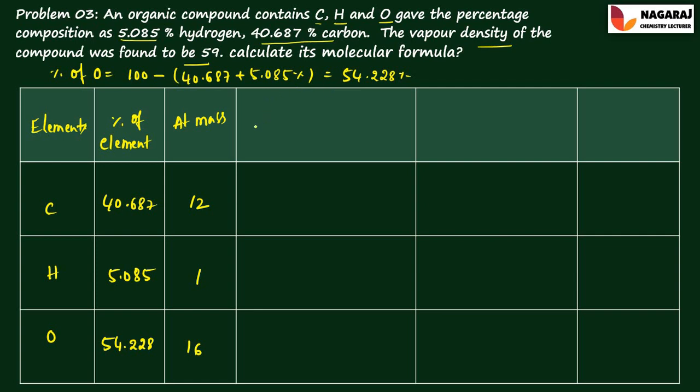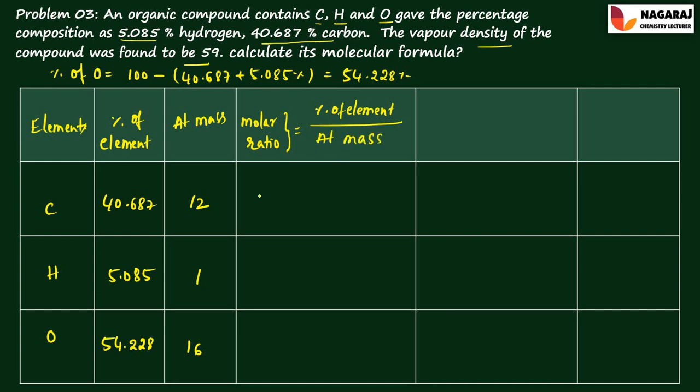Next, to calculate the molar ratio. Molar ratio is always equal to the percentage of the element divided by atomic mass.